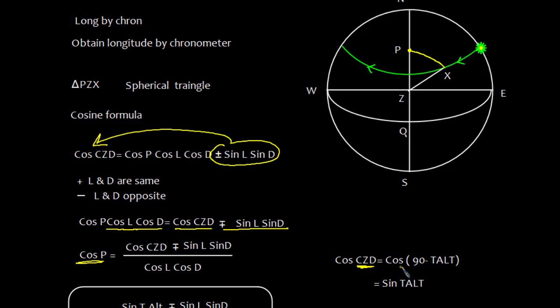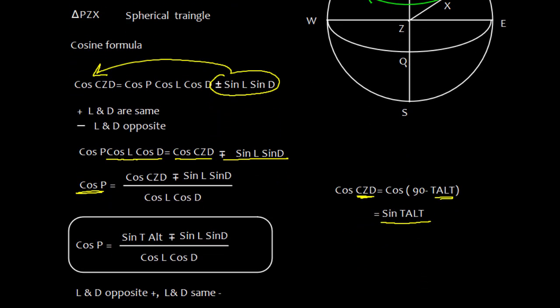So we know it very well. This true zenith distance is going to be 90 degree minus true altitude. So the cos becomes sin true altitude. It is just to make sure that all the values are written on the top, everything is sin. So cos P is equal to sin true altitude minus plus sin L sin D upon cos L cos D, and that becomes the long by Chron formula.